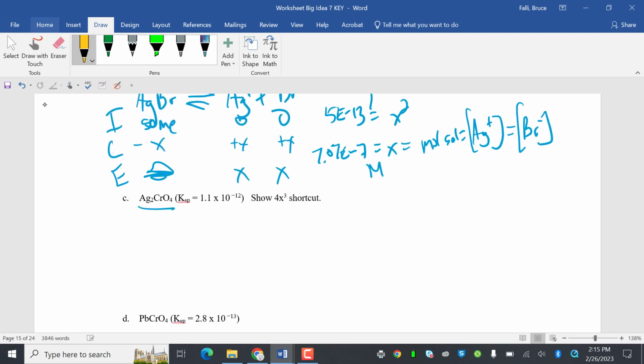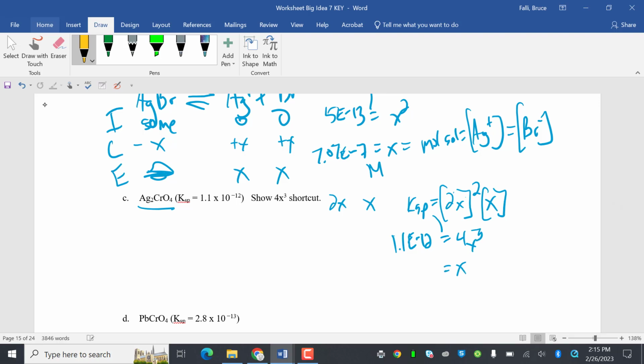For this one, right away I should be able to tell in my ICE diagram that I'm going to have 2x and x. So my Ksp is going to be 2x raised to the coefficient squared times x. So this would be 1.1 e negative 12 equals 4x cubed. Right, 2x squared is 4x squared, times x is 4x cubed.